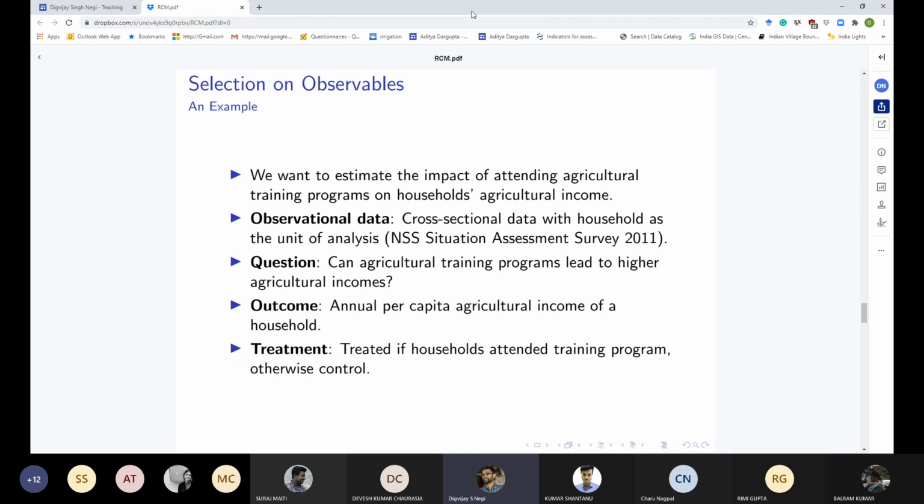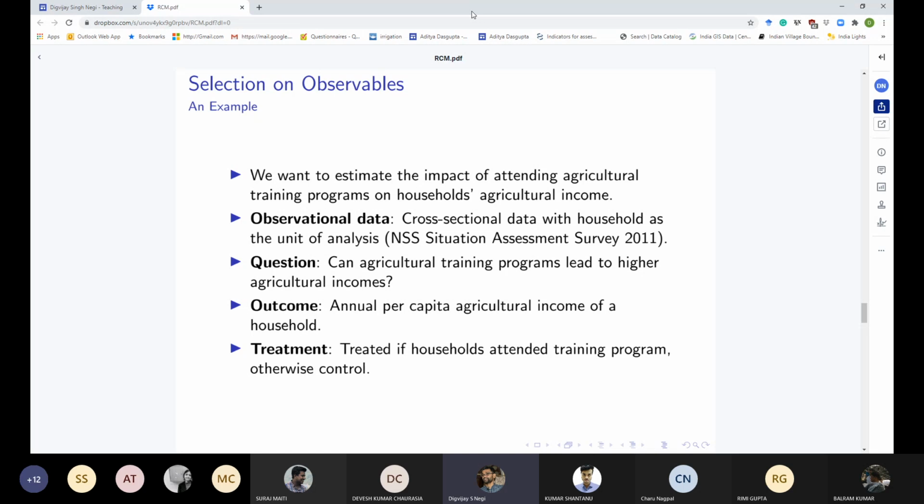And these extension agents, they are called extension agents, go to the fields and tell farmers about these things, and interact with the farmers. They generally, on a regular basis, organize farmer training programs. So they will train farmers on some new technique, okay, a new way of cultivating, a new way of harvesting.